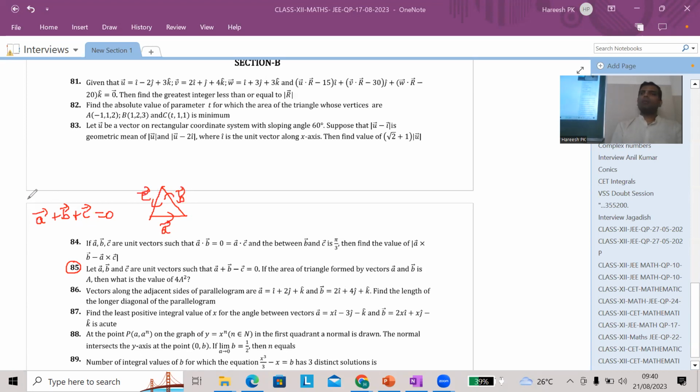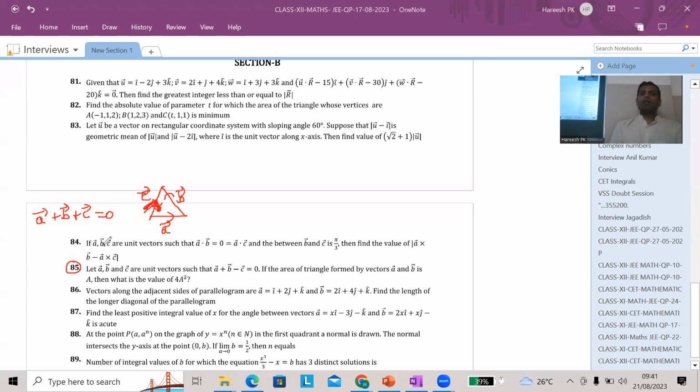When you see A plus B plus C is 0, you should draw the triangle. Okay. But in this question, they have not given A plus B plus C is 0. They have given A plus B minus C. So that means C is probably in the opposite direction. C is like this in this case.